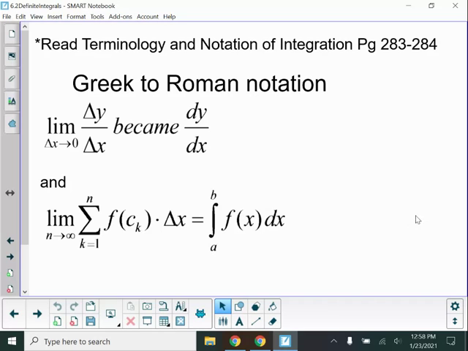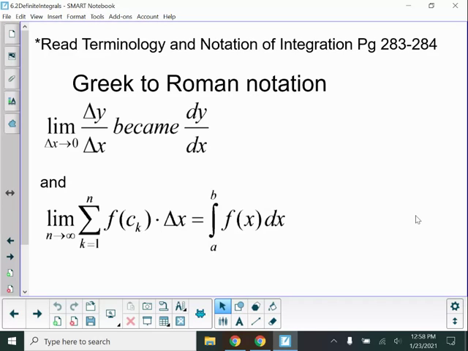In your textbook, there's also a terminology and notation section on pages 283 to 284. This kind of goes through some of the origins of where some of these terms and letters came from. So first of all, originally, whenever calculus was first being discovered, the Greek notation, they used delta. That's where the sigma came from as well, because sigma is a Greek letter.